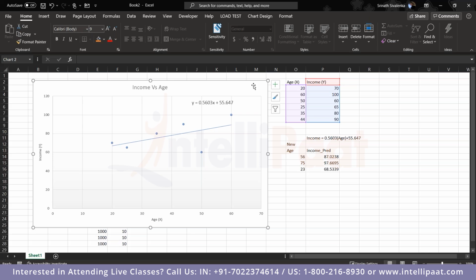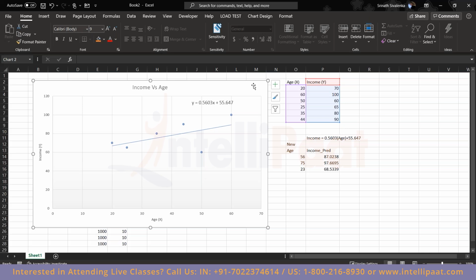There is a big difference between, okay, mathematics has two kinds of concepts. One is called curve fitting and the other is called regression, right? Curve fitting is a process of trying to find a curve that connects all the data points. It tries to find a complex mathematical equation which connects all the data points.